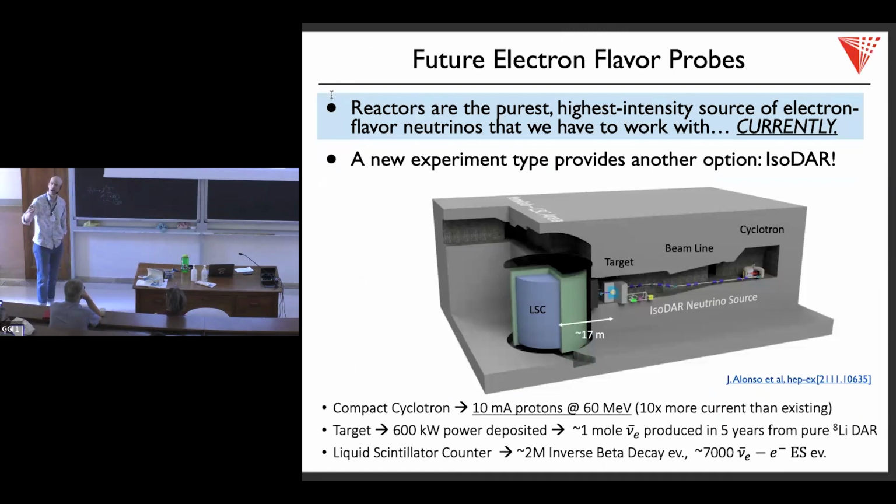There is IsoDAR. In IsoDAR, you use isotope production in a target, and the neutrinos you get out of this are a little bit higher in energy.